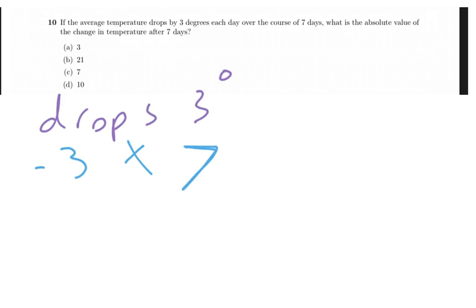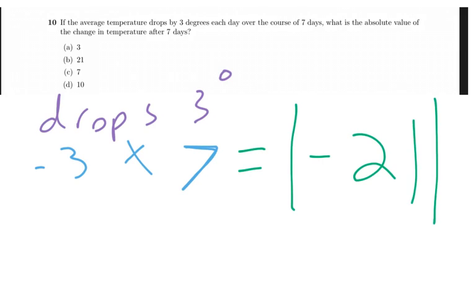So negative 3 times 7 gives us negative 21. But they just want the absolute value of it. So what is the absolute value of 21? 21. So the temperature has changed 21 degrees in those 7 days.